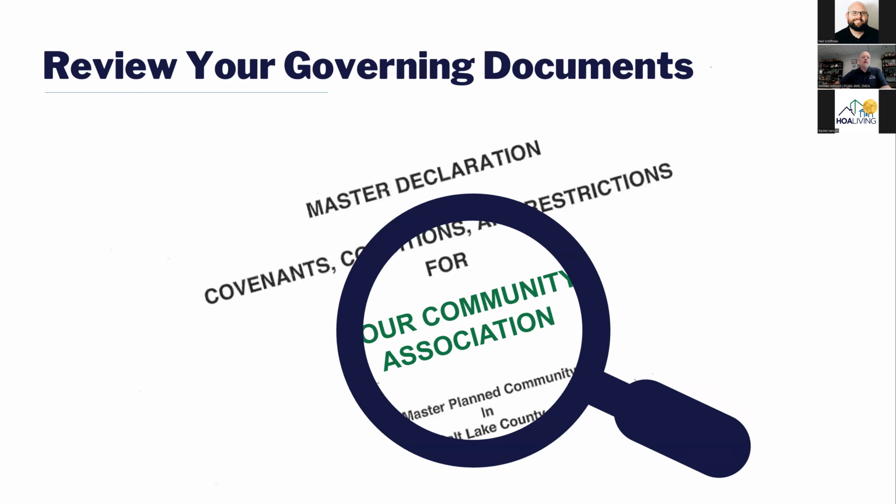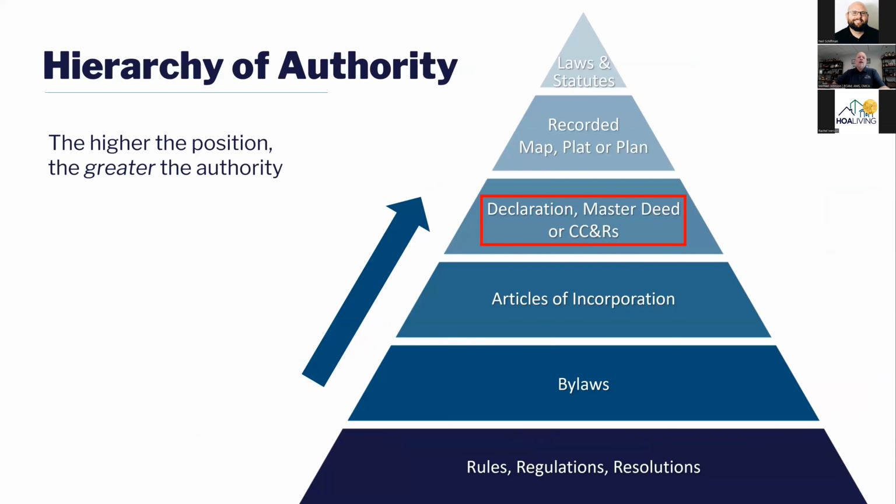So reviewing your governing documents is a very important part of the process. Look at your CC&Rs, right? It's on that hierarchy of authority, and this is where you're going to find it. I haven't seen insurance requirements in articles of incorporation other than indemnification and coverage of the board and volunteers.